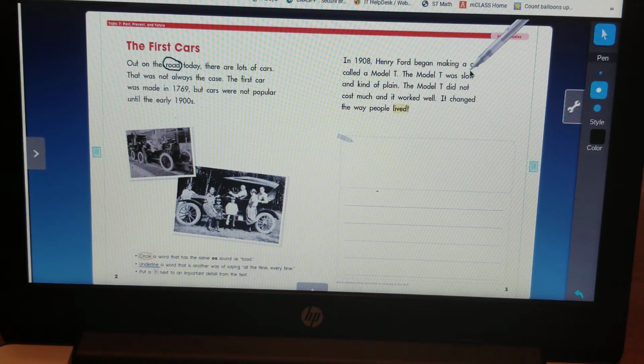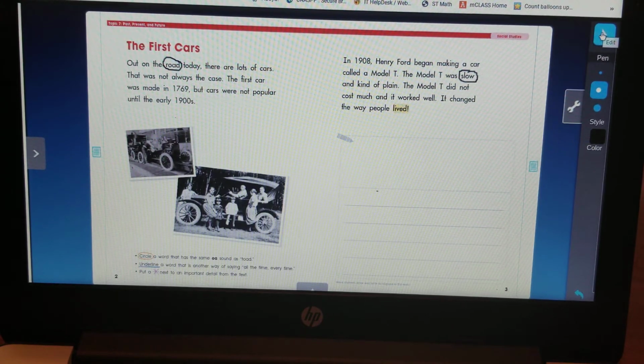Oh, let's do that one. O W. And kind of plain. Okay. The Model T did not cost, oh, I see an O, but that's not a long O, and it worked well. It changed the way people lived. Okay, I think we got it.